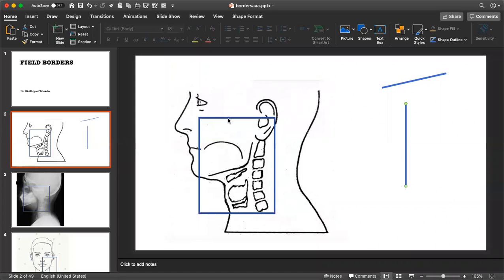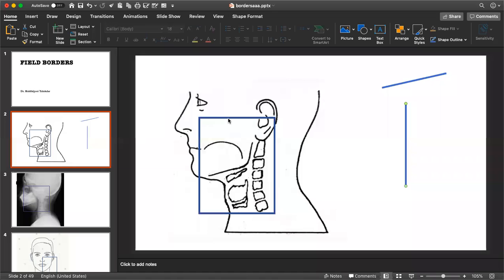So as far as portals are concerned, at the maxillary sinus, again you'd be using a lateral field and an anterior field. For the lateral field, your superior border should go around the floor of the anterior cranial fossa.